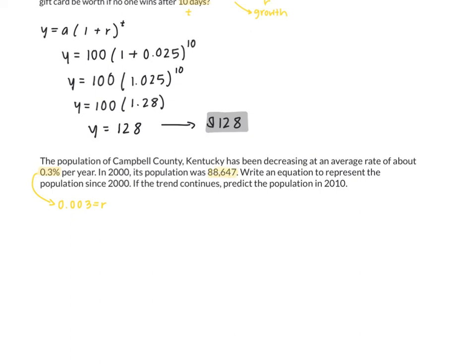So because this was the initial amount, that is what we're starting with. A is going to be equal to 88,647. And lastly, it doesn't explicitly tell us the time, but it does say that we're measuring from 2000 to 2010. So we know that T is going to be 10 years.